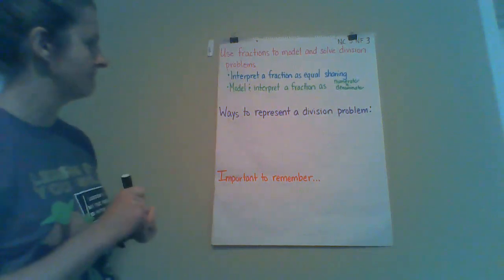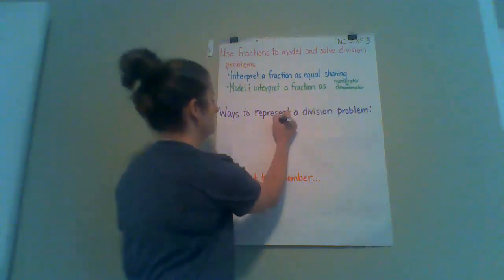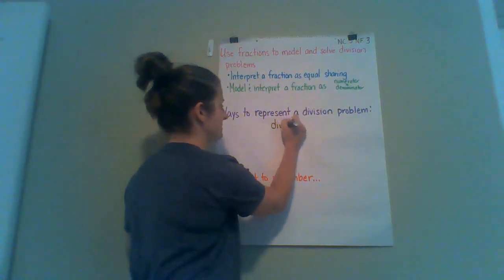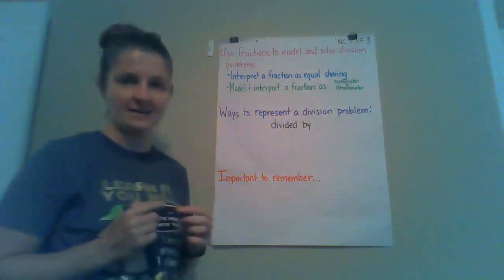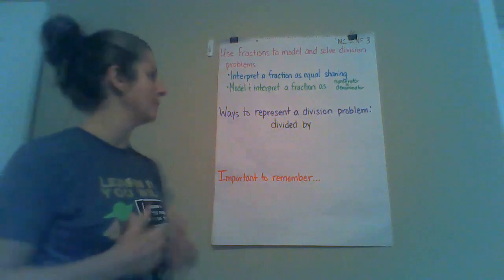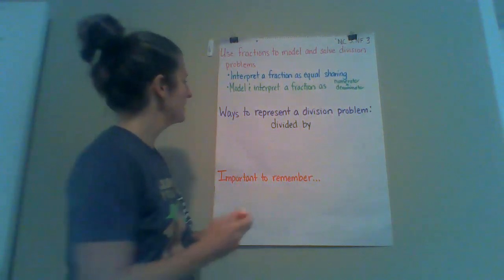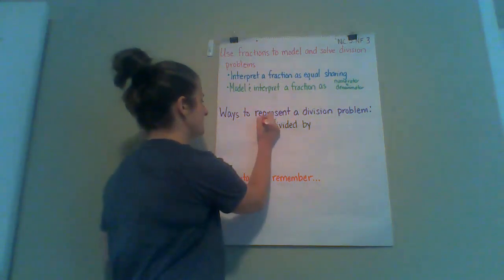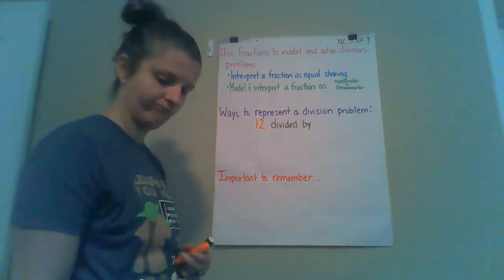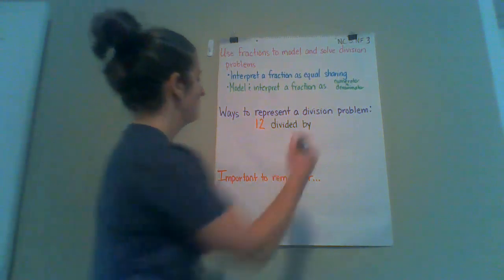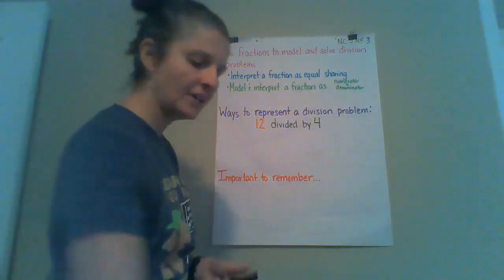I'm going to do it with words first, okay? And I'm just going to write divided by. That's what we usually say when we're saying a division problem, right? So let's do 12 divided by 4, and I want to write the word equals out here.